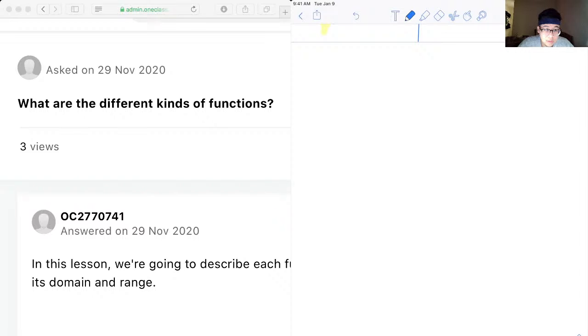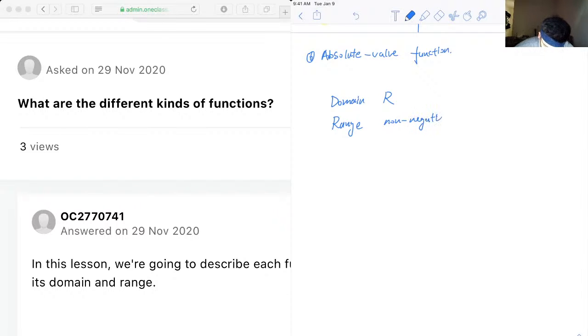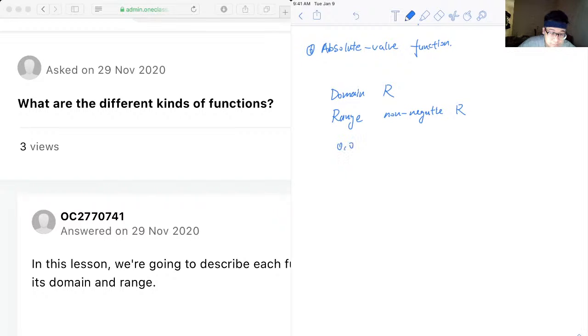So next we have the absolute value function. In terms of the absolute value function, the domain is R, and the range is the set of non-negative real numbers. The x and y-intercept is at (0, 0).